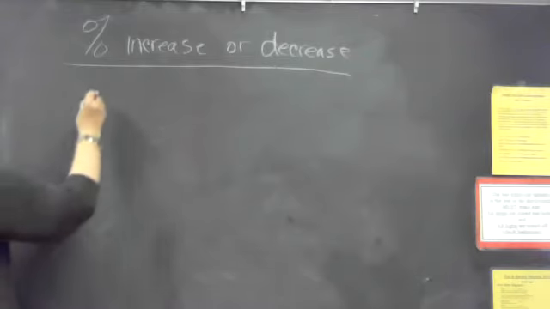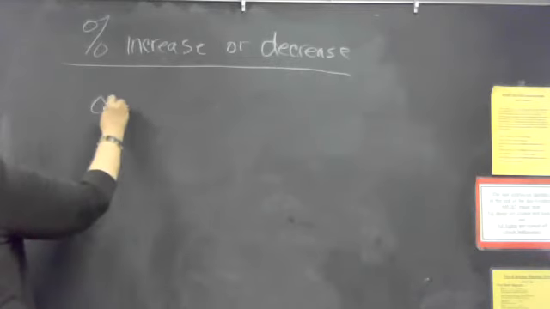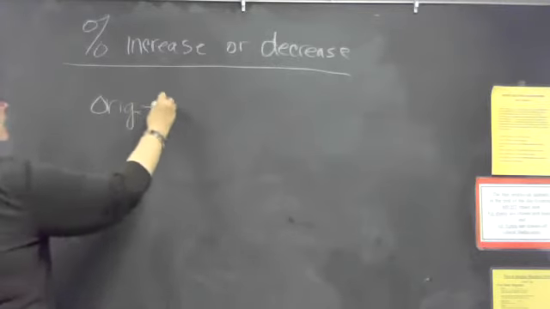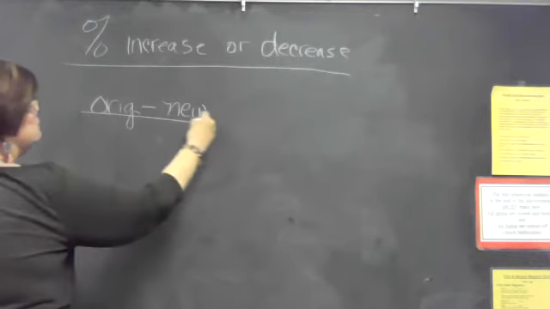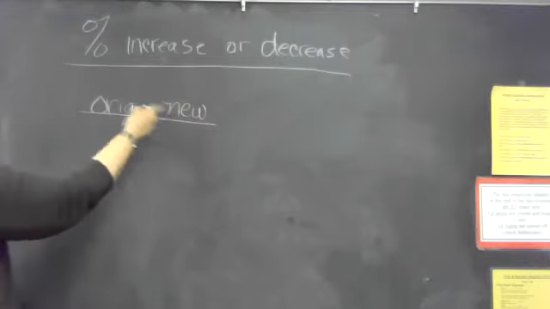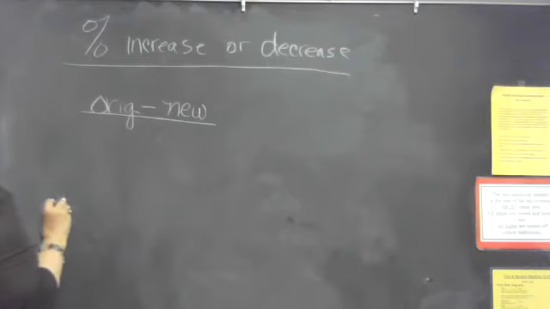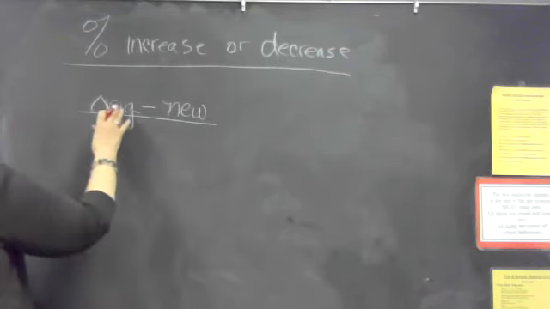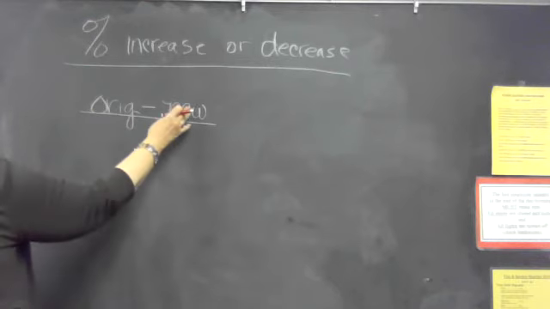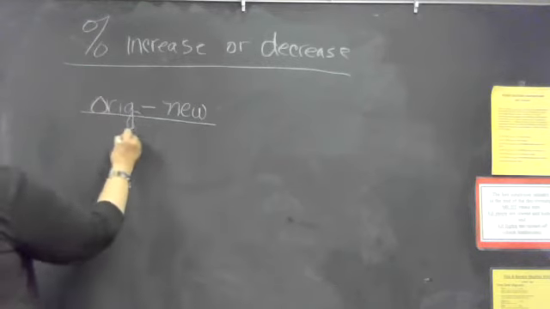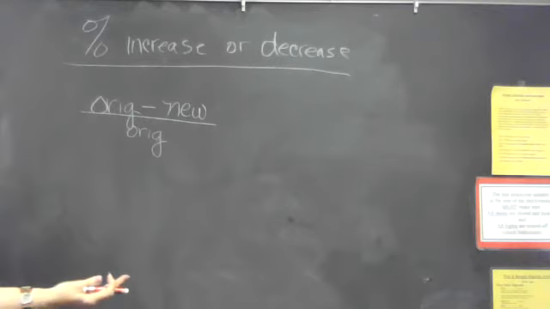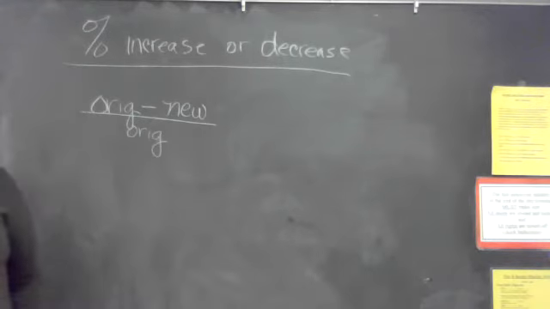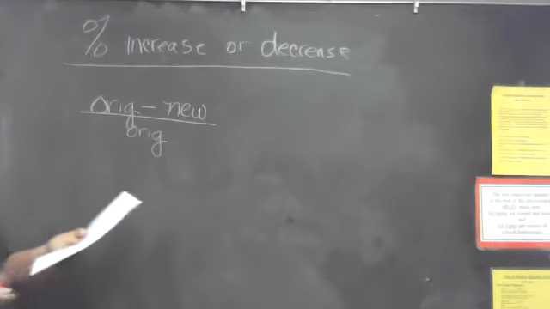You subtract the original and the new price. Just subtract those. Whichever one's bigger, you're going to get a positive number here. The original price minus the new one. When you get that answer, you divide it by the original. Ta-da! That is it. I told you I don't lie to you.